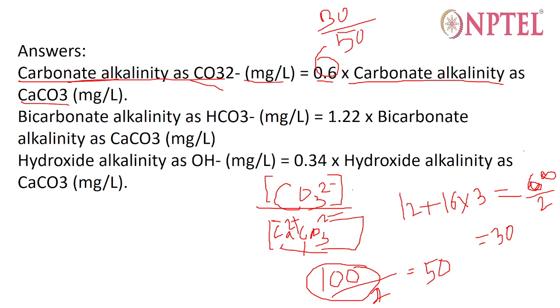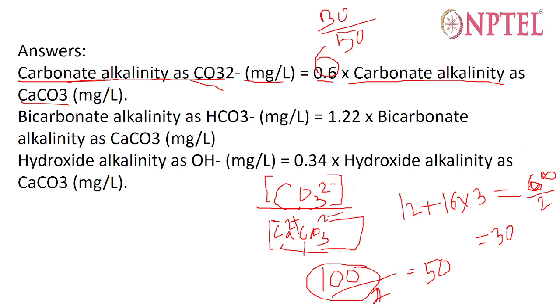So the equivalent weight of carbonate divided by the equivalent weight of calcium carbonate, multiplied by the carbonate alkalinity as CaCO3. So what is happening actually? This is as CaCO3, right? This is the equivalent weight of calcium carbonate, and this is the equivalent weight of CO3 2 minus.